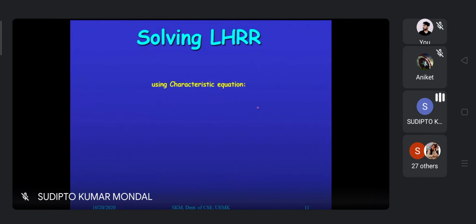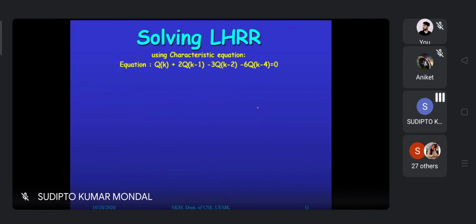Quickly I will discuss the rule to solve a linear homogeneous recurrence relation: using the characteristic equation we can solve it. The first thing is to specify the characteristic equation. How to frame it? Look carefully.